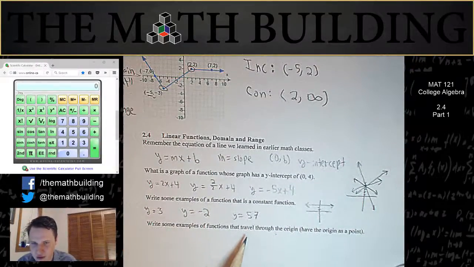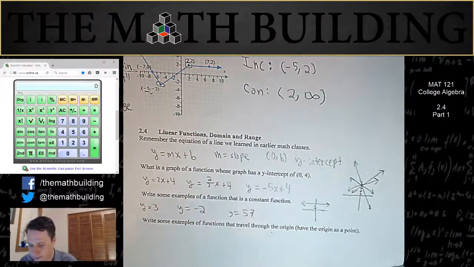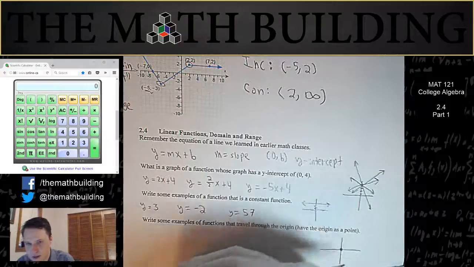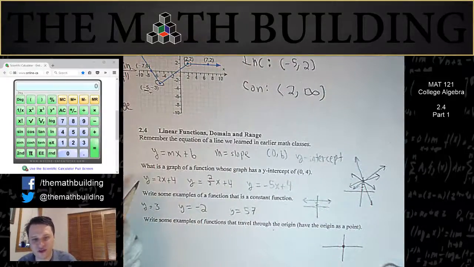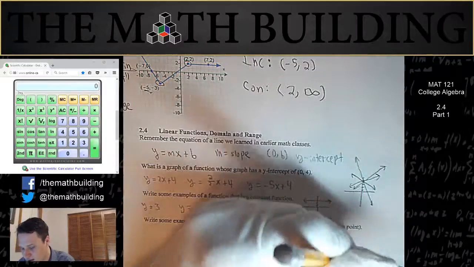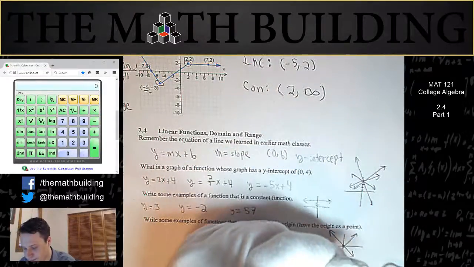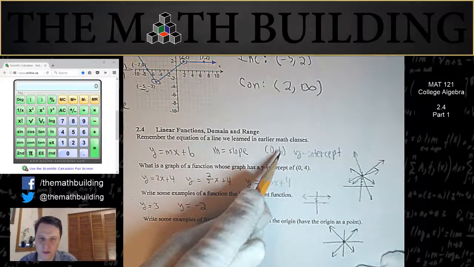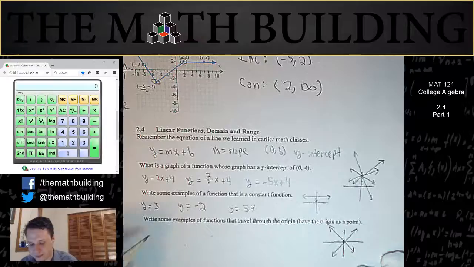Write some examples of functions that travel through the origin, or in other words, that have the origin as a point. This is kind of similar to this problem we did. There's lots of equations, lots of lines that go through the origin. So basically, we just need our y-intercept to be (0, 0), which means that b is 0.